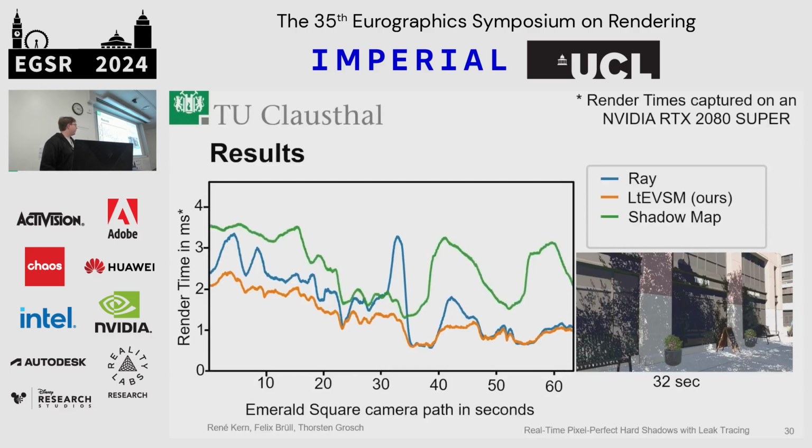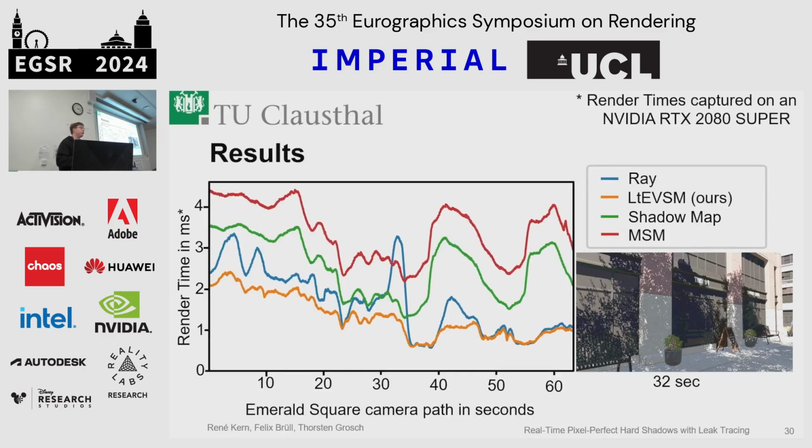Also, for comparison, I added the default shadow maps, if we re-render the shadow map every frame, which is actually slower than ray trace shadows, as the scene is quite huge with 10 million triangles. And also moment shadow maps, which store 4 depth values. So just storing 1 depth value is also a huge improvement, as you see.